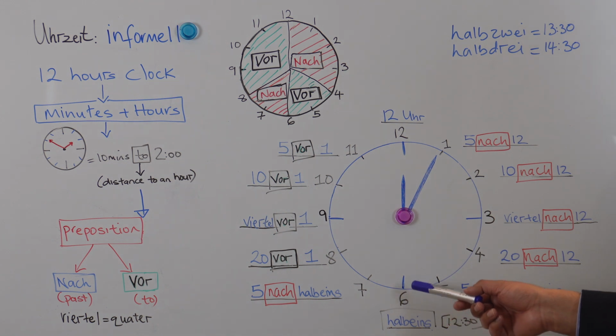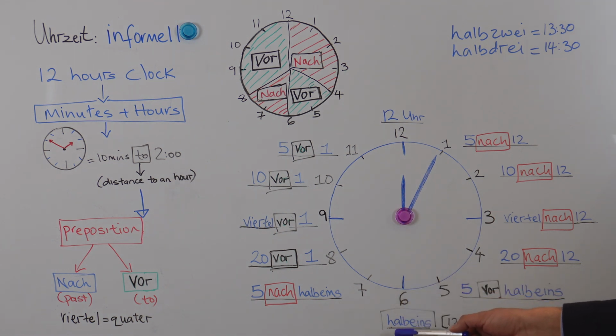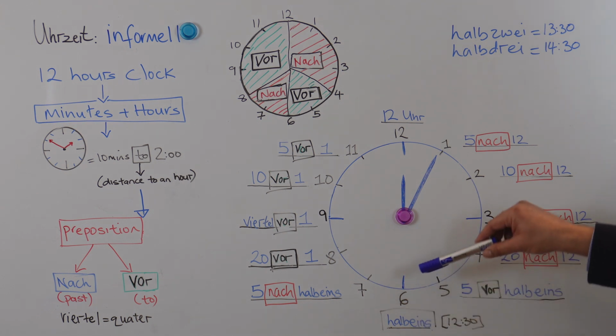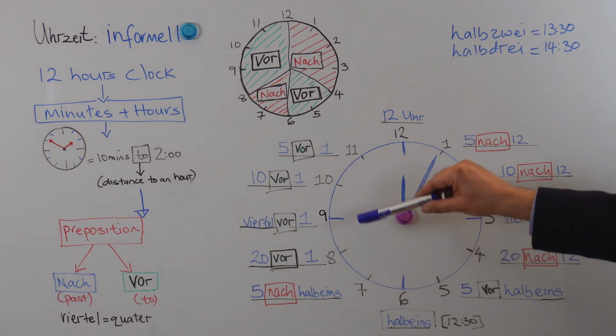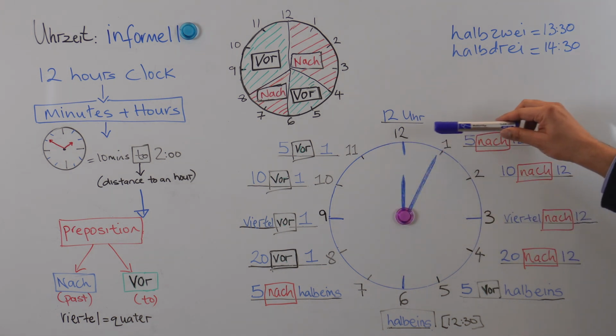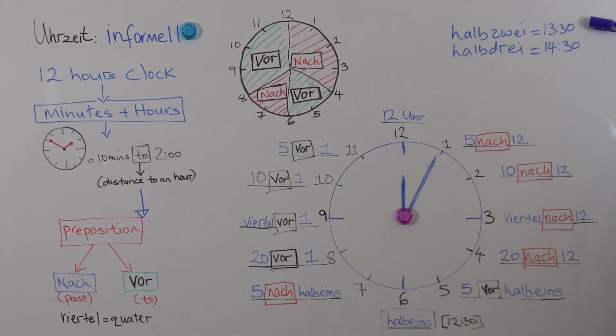And when your minutes needle meets the 6, it will be halb eins, that means 12:30. Halb eins, as I said before, is half an hour to 1 o'clock. Just like over here you can see 2 examples of the word halb. Halb zwei, that is 13:30, and zwei means 2.